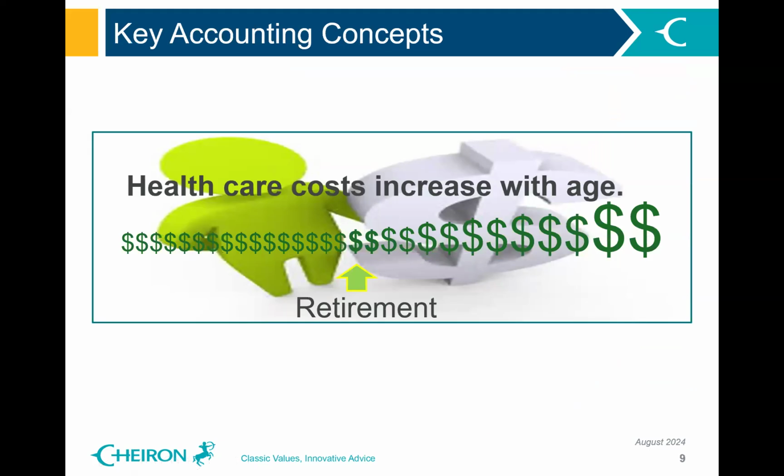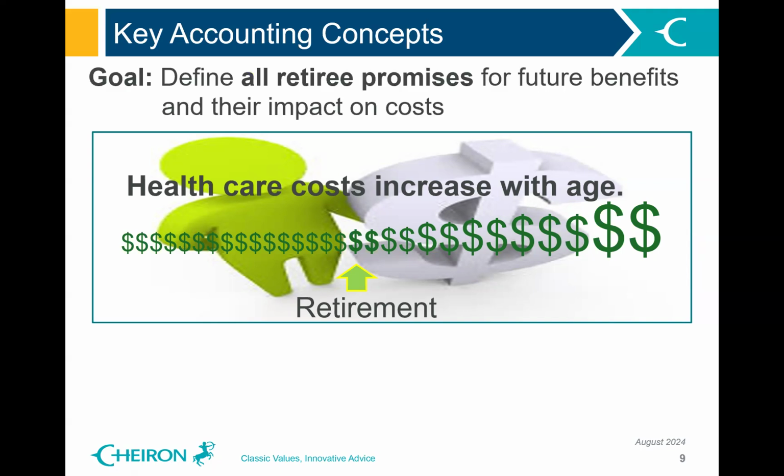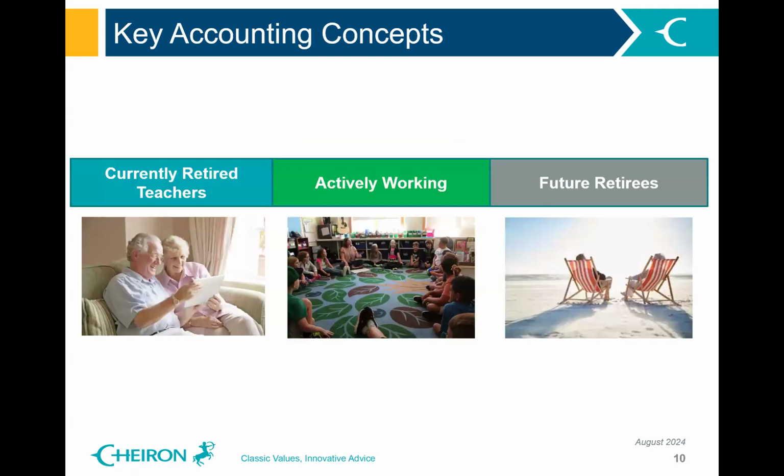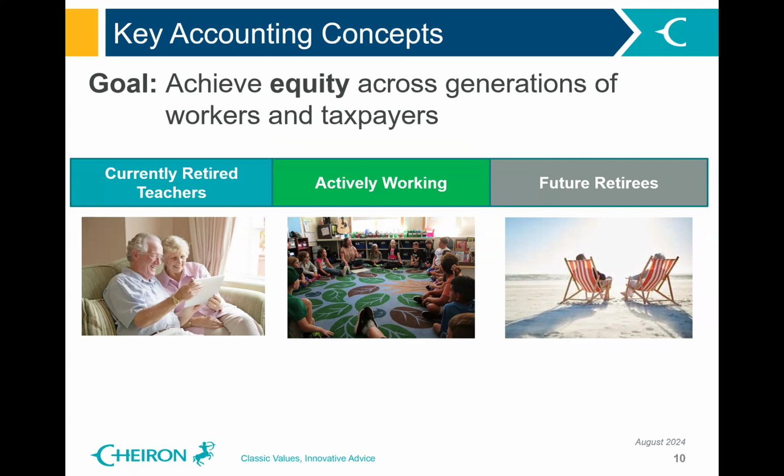I promised to share with you some key accounting concepts, and what we do first is we start off looking at healthcare costs, projecting them over time. And we know that healthcare costs increase with age. Our goal is to define all those retiree promises for the future benefits and what they cost for the currently retired teachers, actively working, and future retirees.